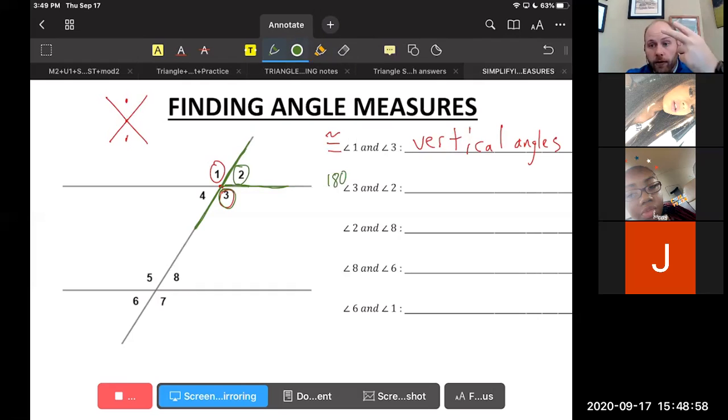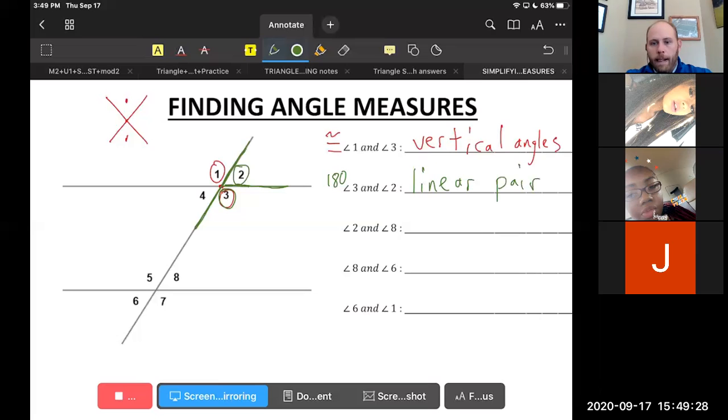So we have two angles that make a line and adds up to 180. What's another word for 2? Like how many shoes you wear all the time. What do we call those? Pair. A pair. Yeah. So this is a linear pair.